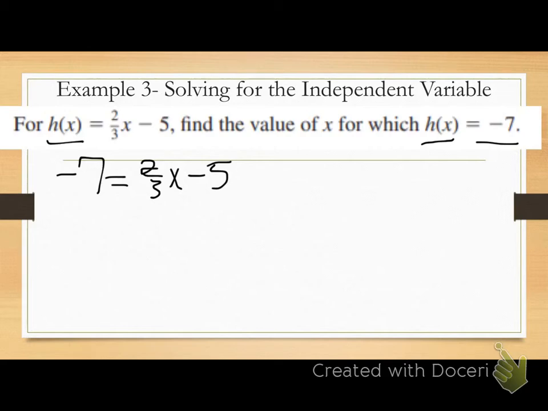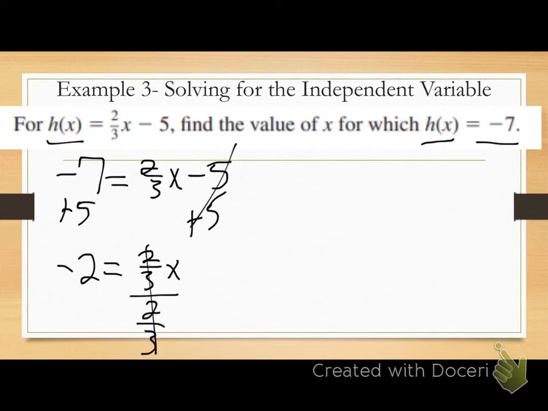Everyone see how I've done that? So what's my first step to get x by itself? Add 5 to both sides. Negative 7 plus 5. Negative 2. Raise your hand if you can tell me my last step to get x by itself. Divide both sides by 2/3. Very good.